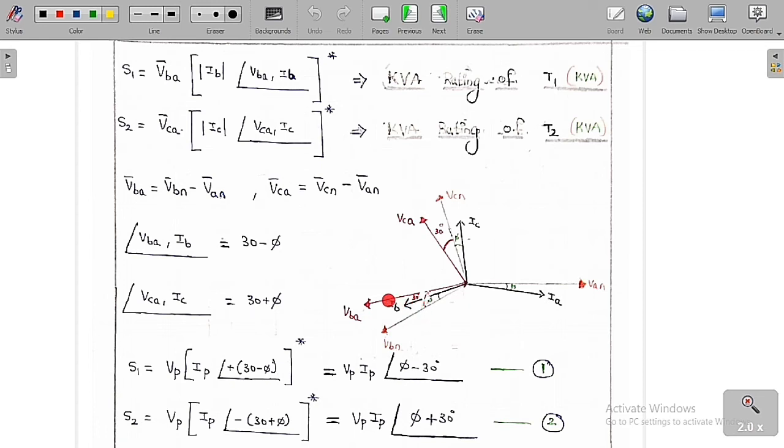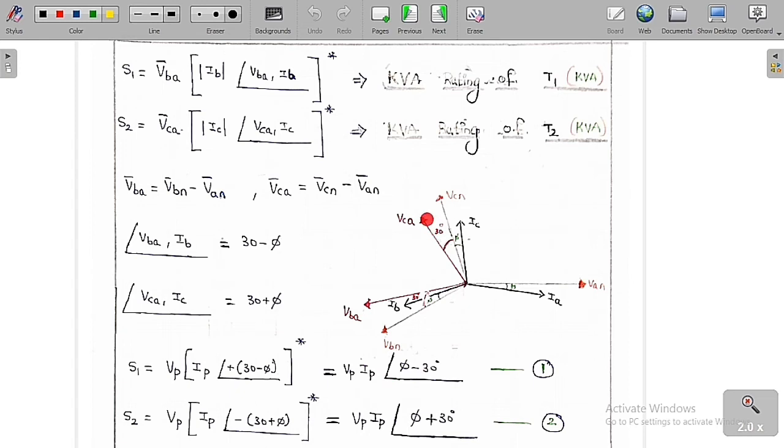So simply we have to give a positive sign. So VP into IP into plus of 30 minus 5, at the angle of conjugate, because I am going to assume this voltage as the reference phasor. The current is going to lead here, so plus 30 minus 5, whole conjugate. So you are going to get this one.